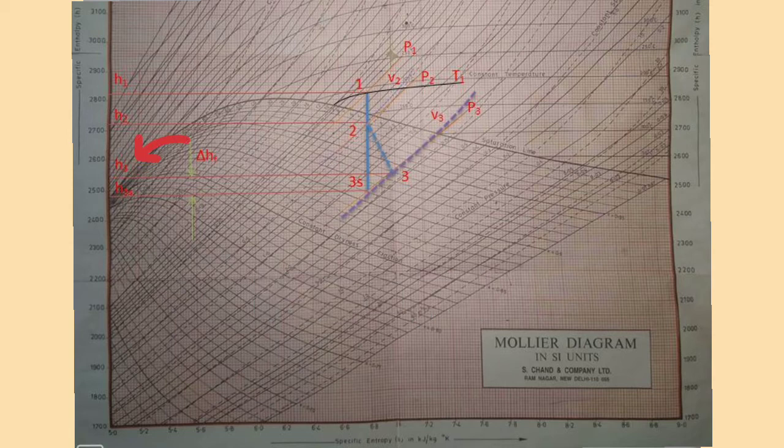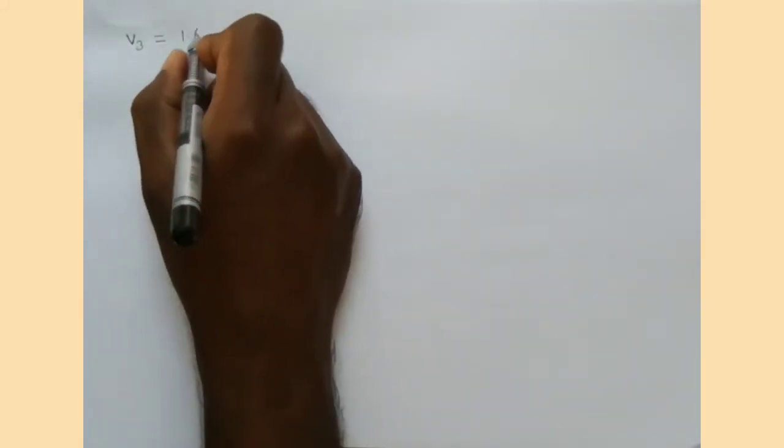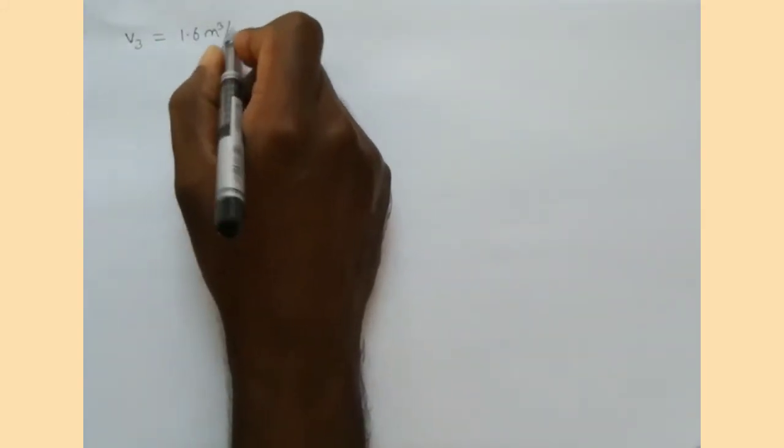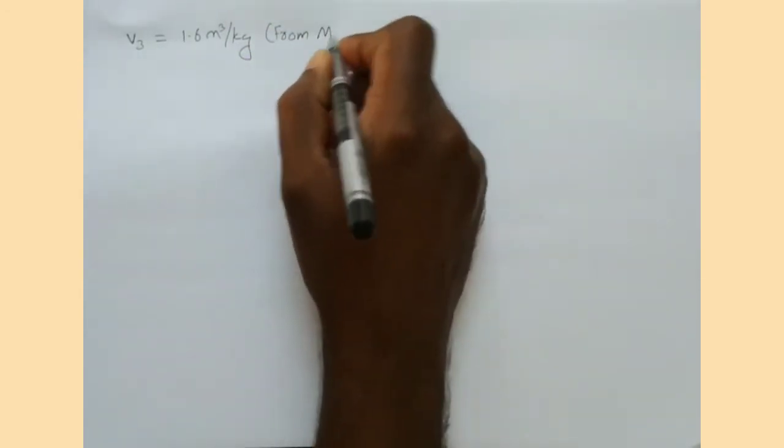Therefore, using the values of H3 and P3, we can locate state 3 and we can find the specific volume V3. Therefore, V3 equals 1.6 meter cube per kilogram, that is from the Mollier diagram.